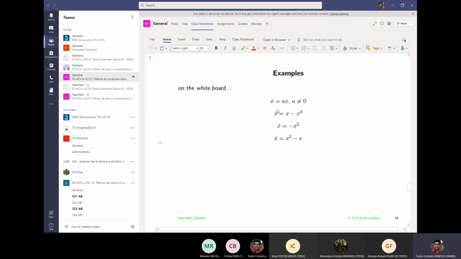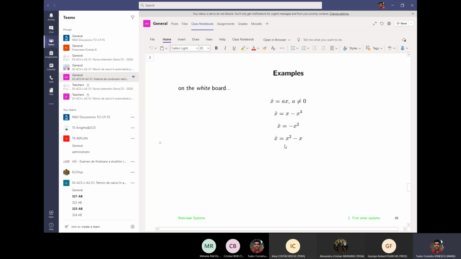So these are a few examples of first-order systems we are simulating to judge about the stability and the behavior of the system, and so on. Of course, you realize from the very beginning that this is a very simple case of scalar systems, and the problem is that when we go to order 2 and higher, it's essentially not possible to analytically compute a time domain trajectory for the system.